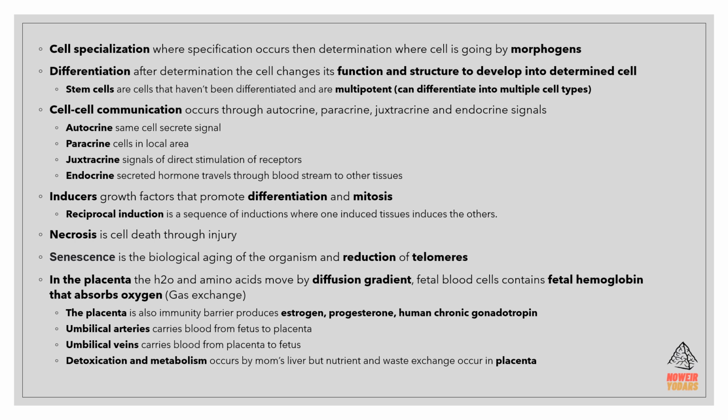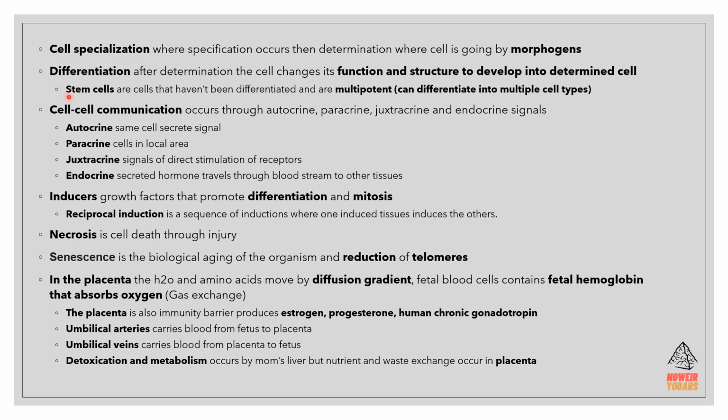So then we have cell specialization. Cell specialization is where specification occurs, then determination, where the cell is guided by morphogens. All right. So basically, you got a cell, a bland cell. Then it gets specified, right? Then it gets differentiated, then determined, right?